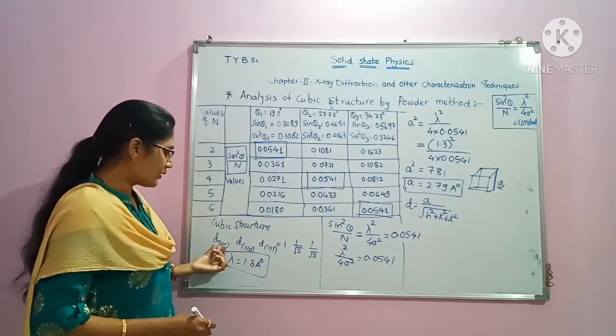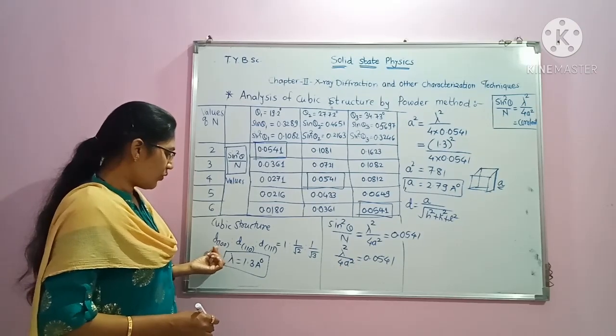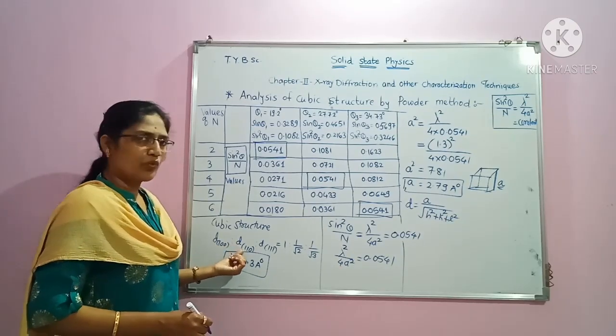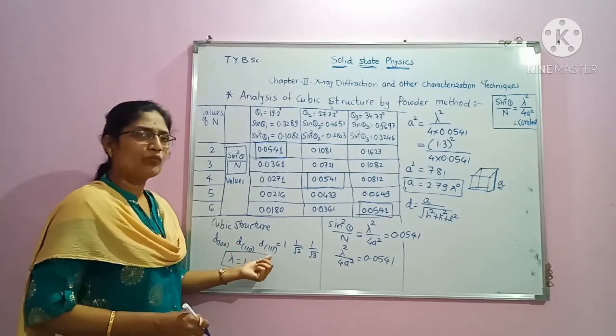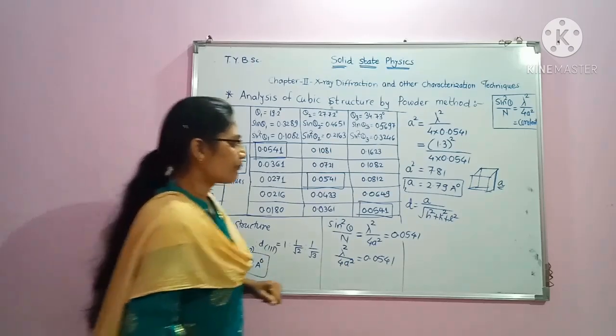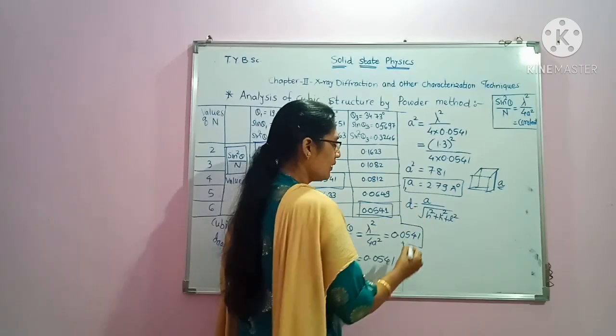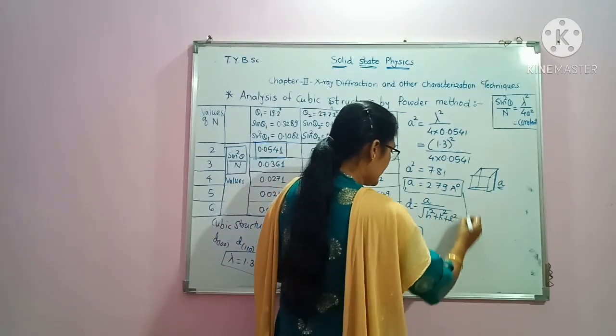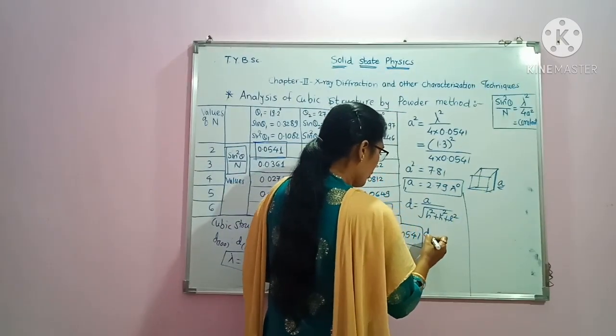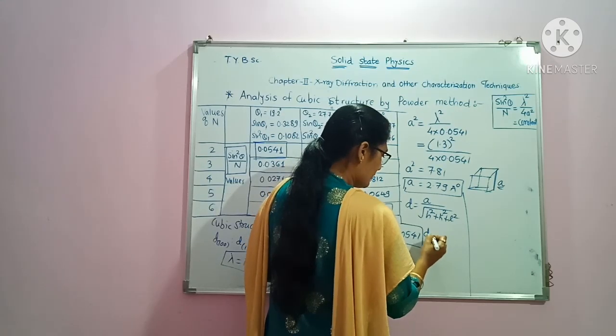So we have to calculate the value of D for the 1 0 0 plane, then for the 1 1 0 plane and for the 1 1 1 plane. By substituting the value of A here, initially we will calculate the value of D for the 1 0 0 plane.